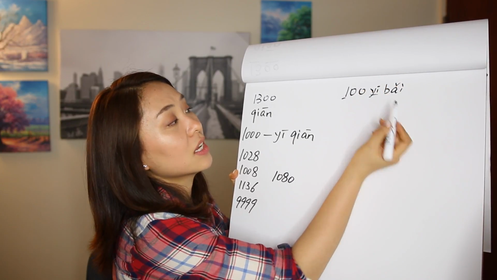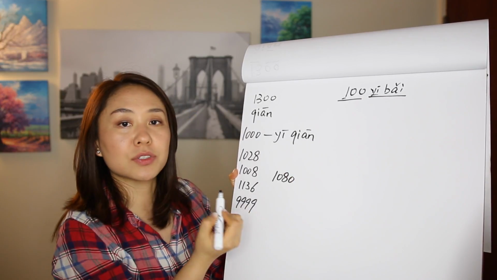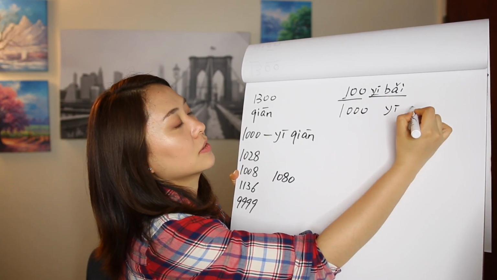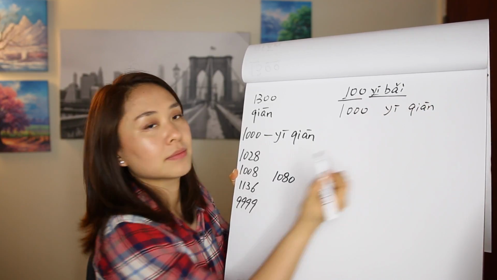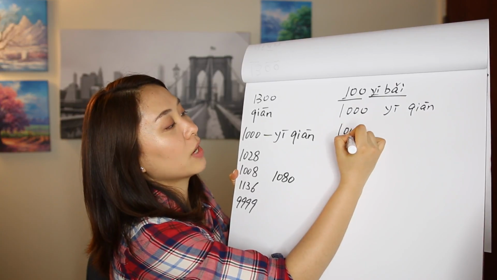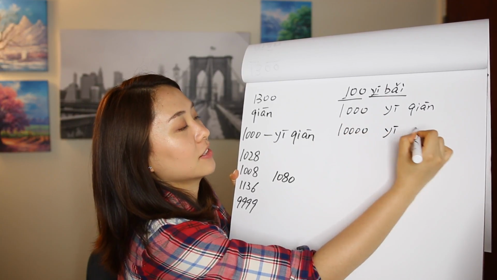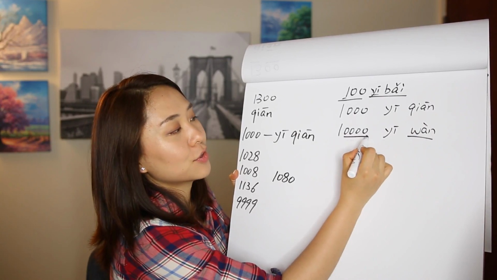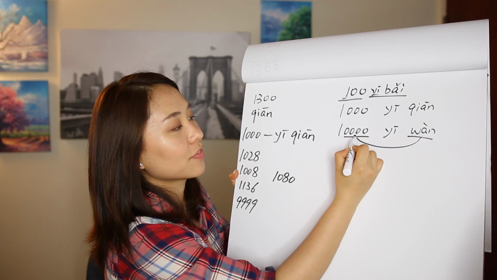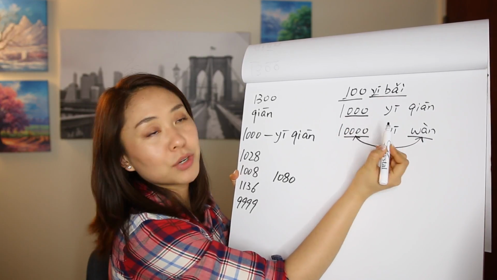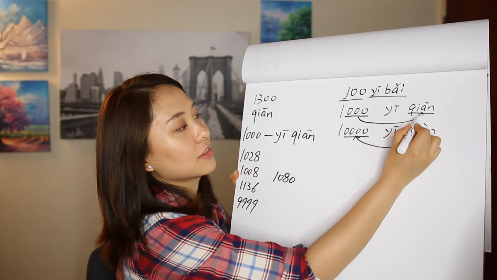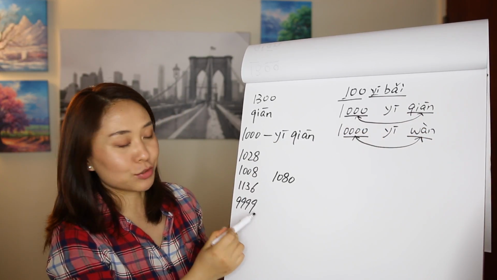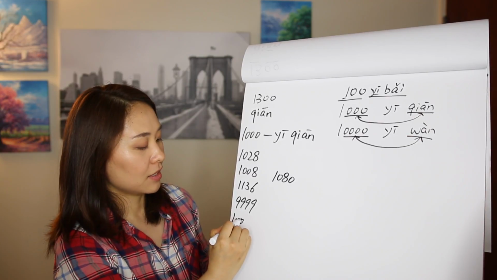So 2 zeros are 百. 3 zeros, 千. 4 zeros, we have a new word. 4 zeros, it's 万. Okay? 3 zeros, 千. That's why after 9999, that will be 10,000.